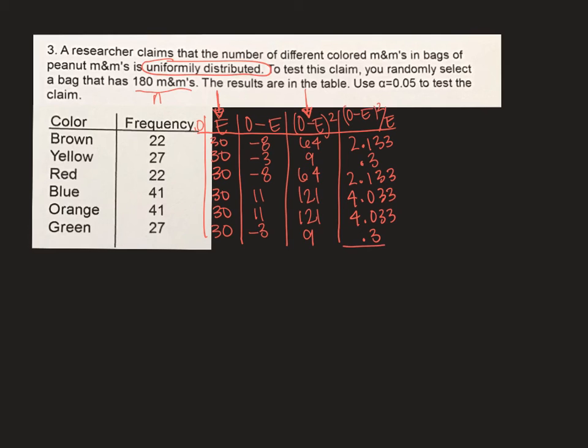So if I add those together, I should get 12.932. So I did all the work before I did any of the writing, just because it was easier in my mind. It doesn't really matter as long as you have it. H0 and HA are easier in this one because since we know it has to be uniform, we can just say that for H0.